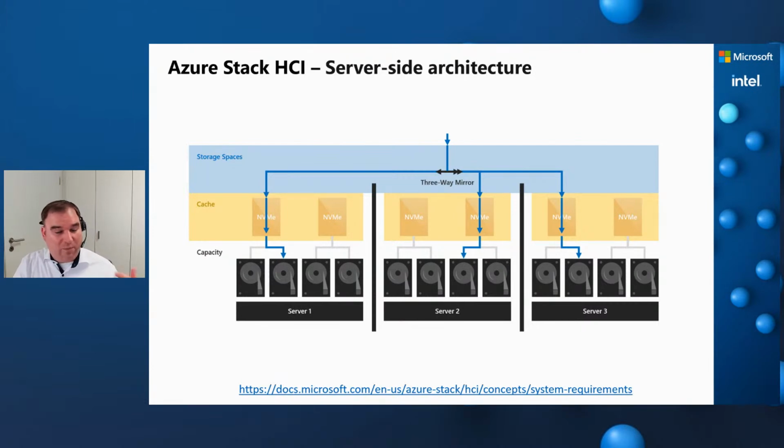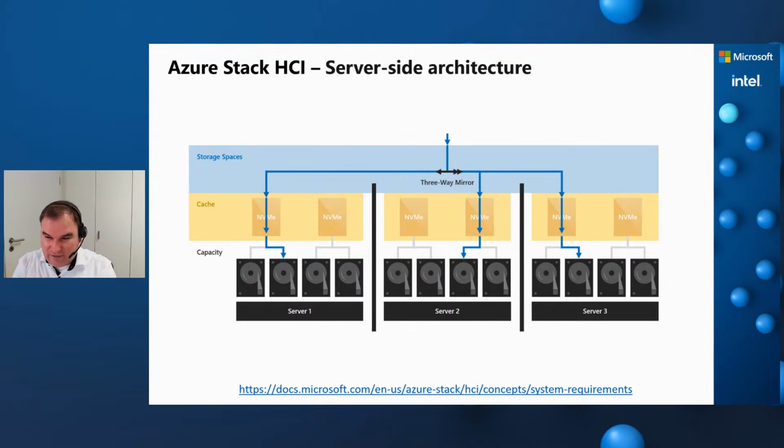We have an in-memory read-only cache. This is read-only. So if a server fails, if we have an unexpected outage of a server, for sure this read-only in-memory cache is gone. But this is a cache, it's not required for data resiliency.